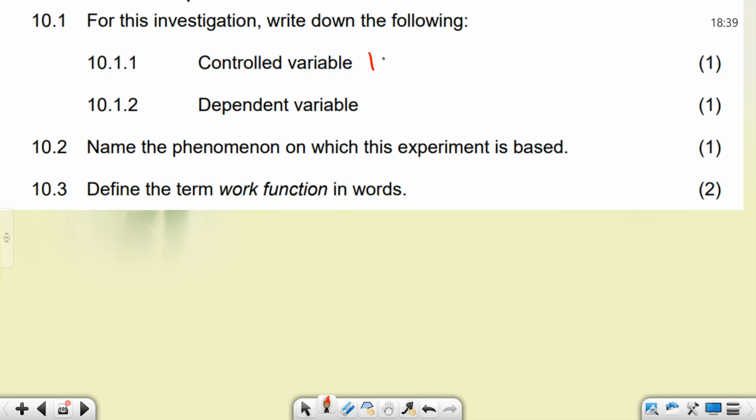We talked about that. That is work function. Independent, the frequency of light. So you see, we got all of that even before we started. Name the phenomenon on which this experiment is based. It is photoelectric effect.